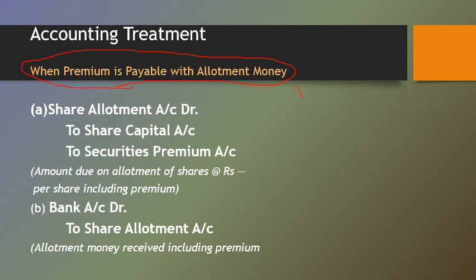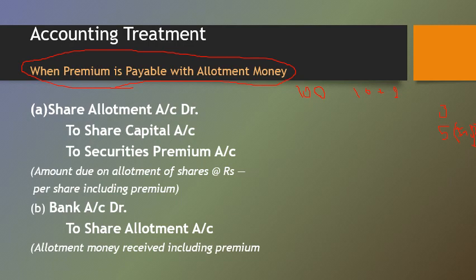Suppose the company is issuing 100 shares of rupees 10 each at a premium of rupees 2, payable as 3 on application and 5 on allotment, and the allotment includes premium. It means the actual allotment money will be 3 plus 2 premium, and the shareholders have to pay rupees 5 on allotment.